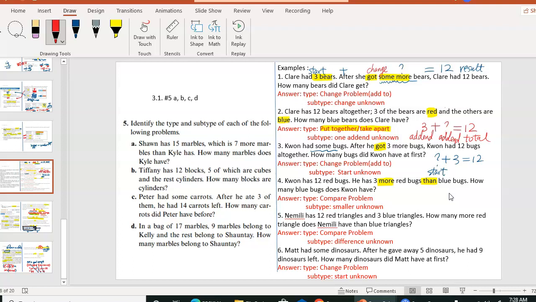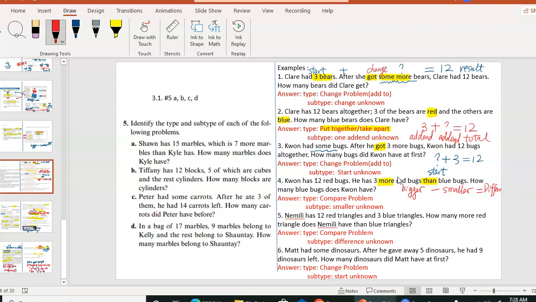You can see from the second sentence, 3 more red, which means red is more. So the red is bigger, has a bigger number. Blue has less, which makes it smaller. So the bigger minus the smaller equals the difference.